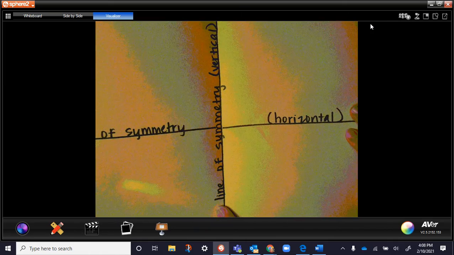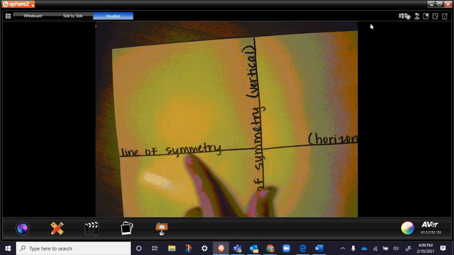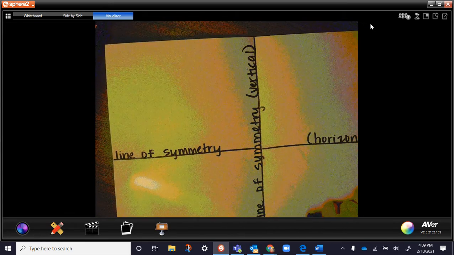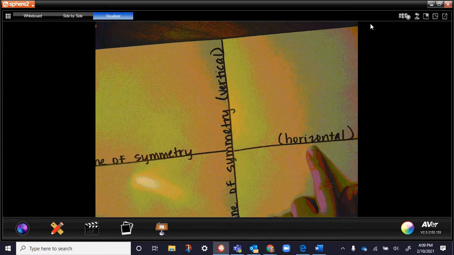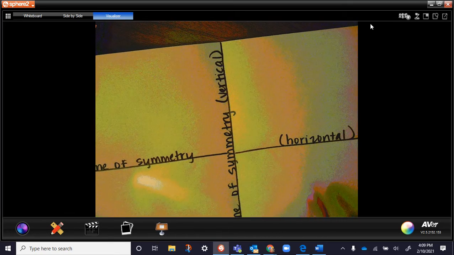All the corners match up, so I can say that this has a vertical line of symmetry. Then I can fold it like so and make a horizontal line of symmetry. Everything's lined up, nothing's sticking over. This line down the middle is a horizontal line. So it has a vertical line and a horizontal line.